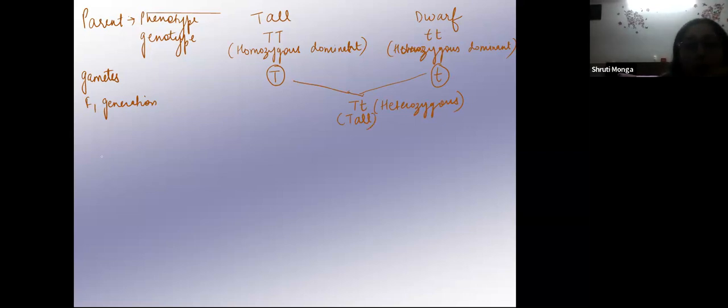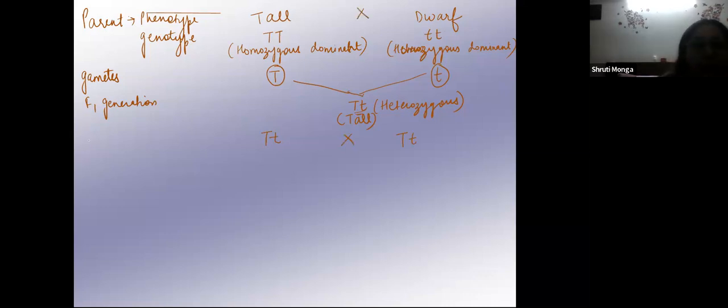Now we have to talk about the F2 generation. This F1 generation plants will become parents for the next generation. So I'm writing this F1 plant like this because now the cross would be happening between the F1 generation plants.